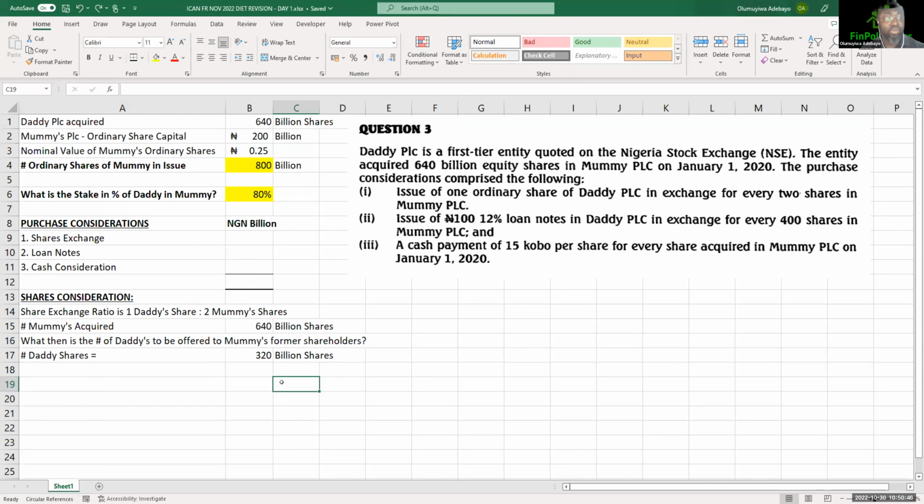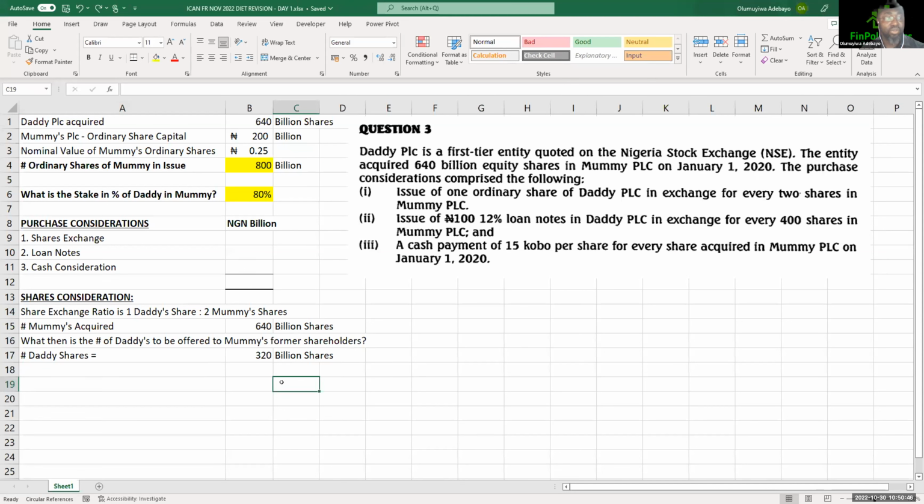And the fair value is equal to the market price of Daddy's shares at that acquisition date times the number of shares offered. And how do we do that? If you remember, Daddy's share offered is 320 billion shares.